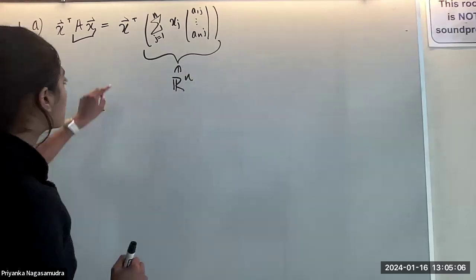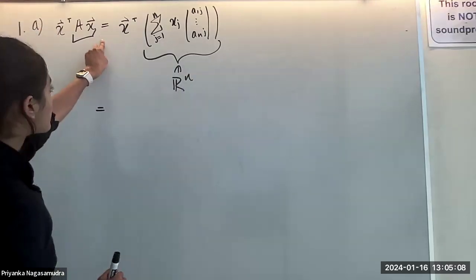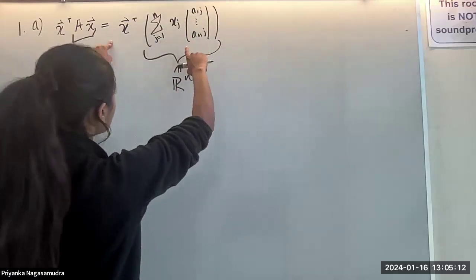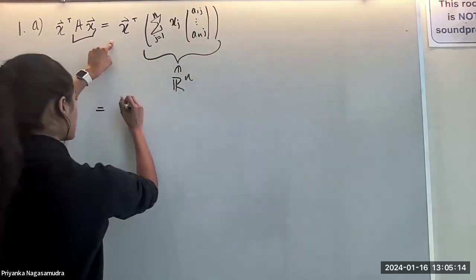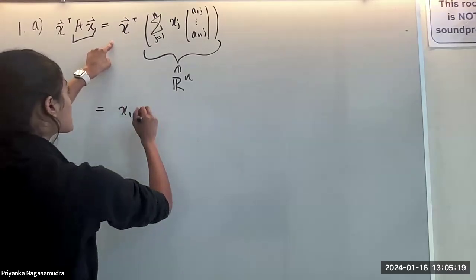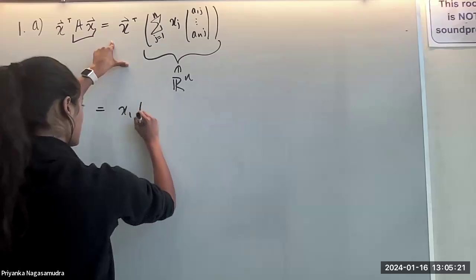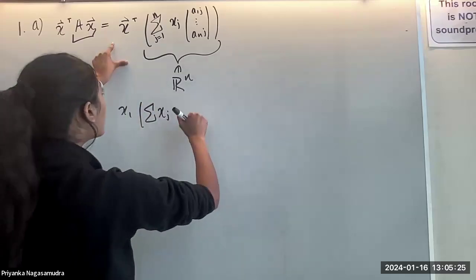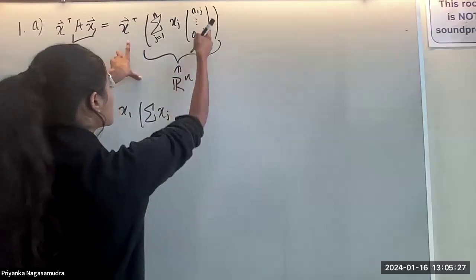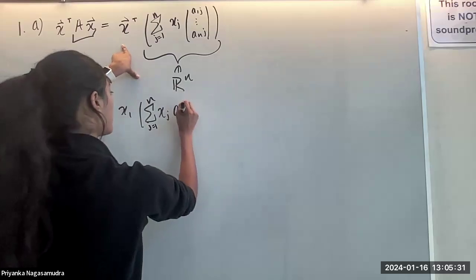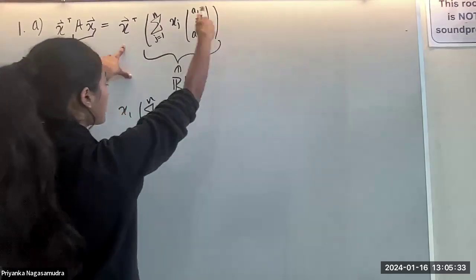So now we're going to multiply the first element of this vector with the first element of this Rn vector. So that's the first step. Let's just write that for now. So x1 times the summation over j equals 1 to n of xj a1j. That's the first element of that vector.